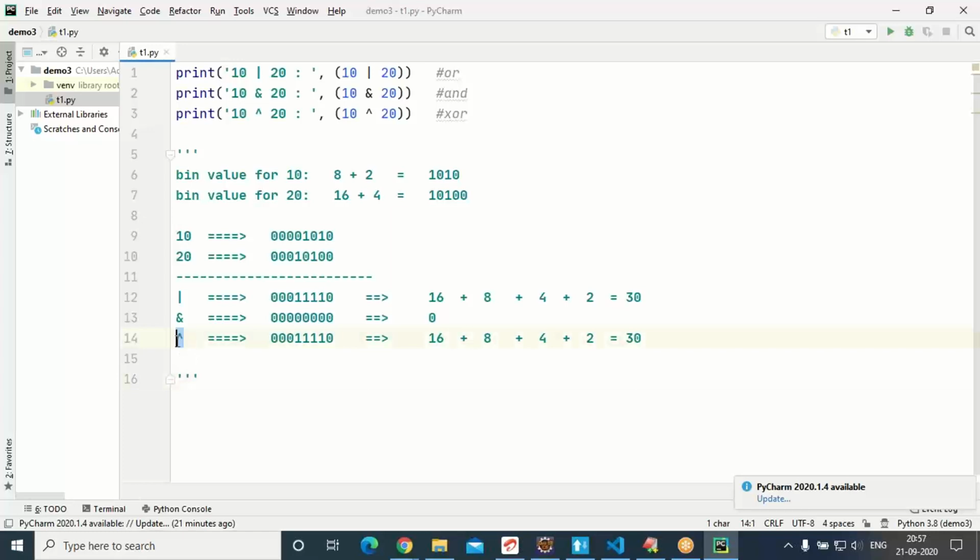Then go for bitwise XOR. Bitwise XOR produces 1 whenever opposite values are there in both columns. If the values are the same, it returns 0. In the first column, both are the same value 0, so you get a 0. In the second column, both are 0, so you get a 0. Third also 0.